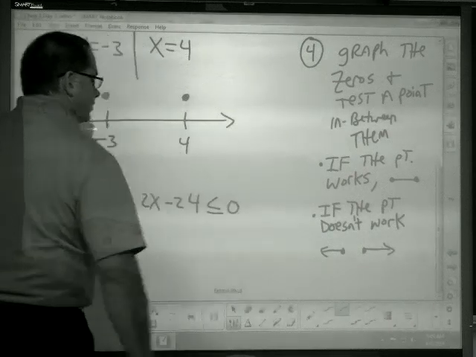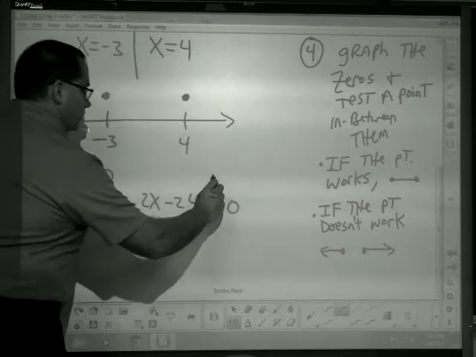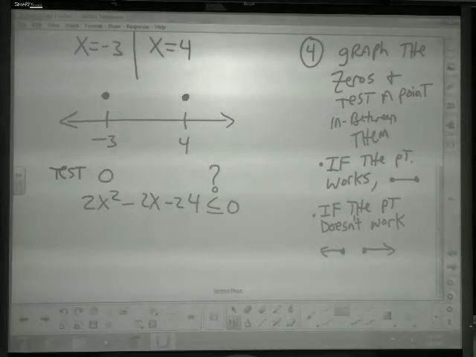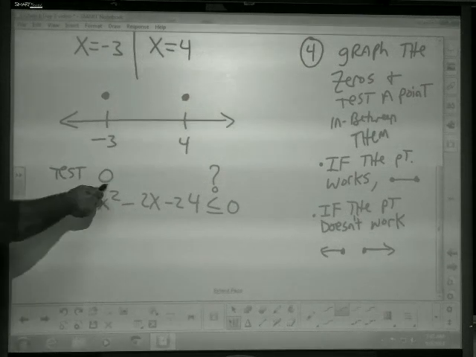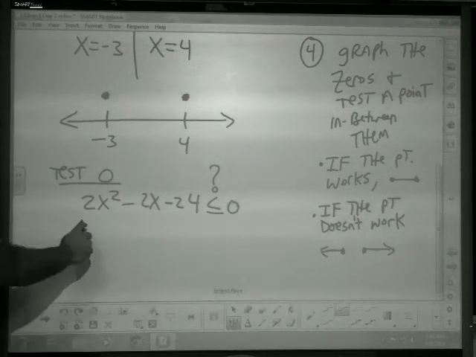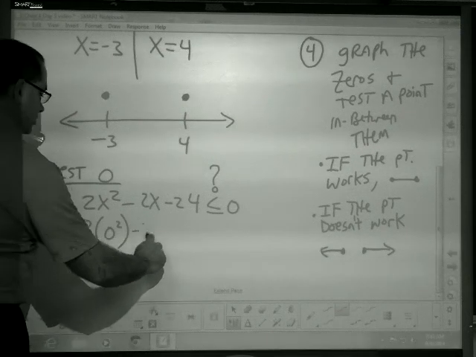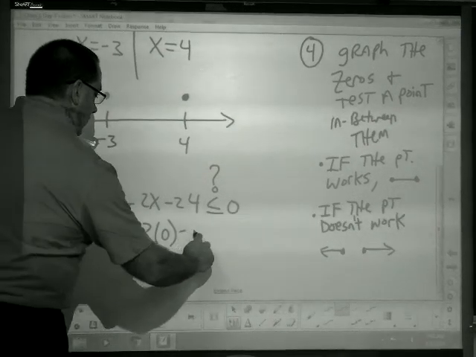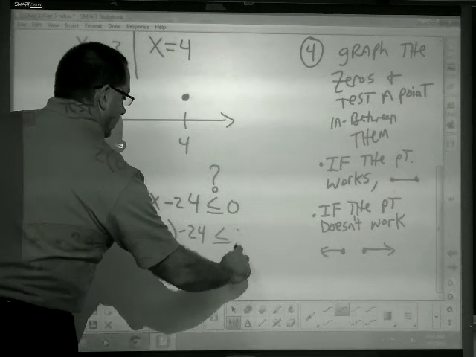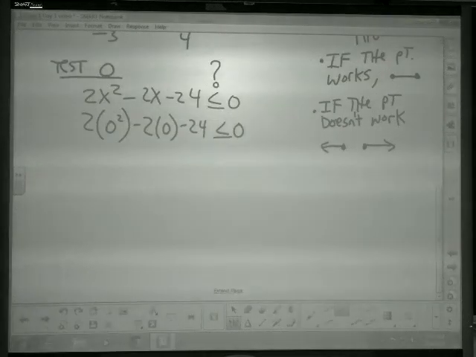And I want to know if that's less than or equal to 0. This is my question. Is this true? I'm going to take 2 times 0 squared minus 2 times 0 minus 24, and I'm trying to see if that is less than or equal to 0.